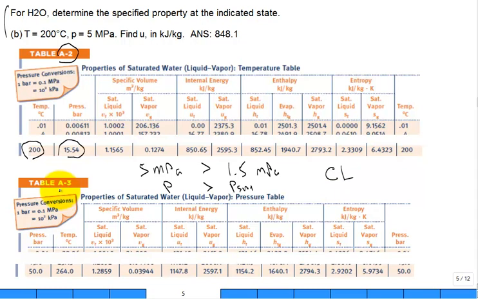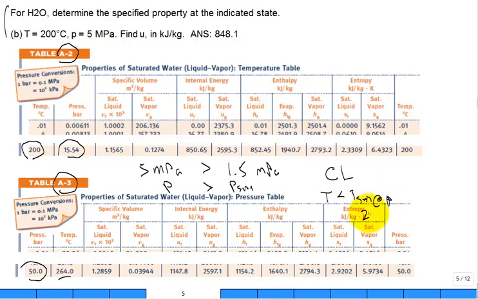If you go to table A3, you look at the 50 bar, and then we find this temperature 264. That temperature Tsat is higher than the actual temperature, so the temperature is lower than the saturation temperature at that pressure.